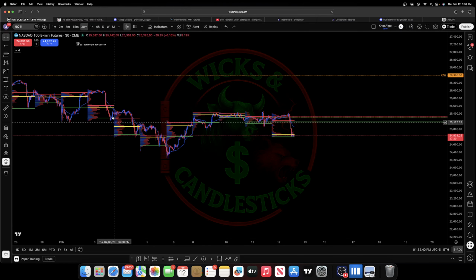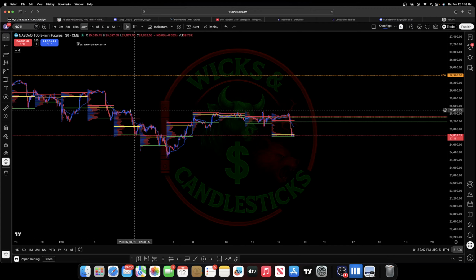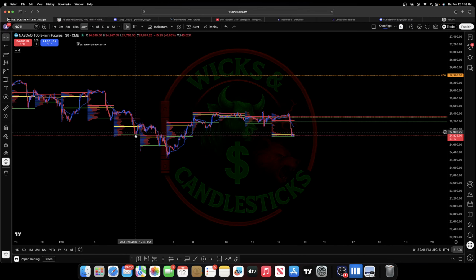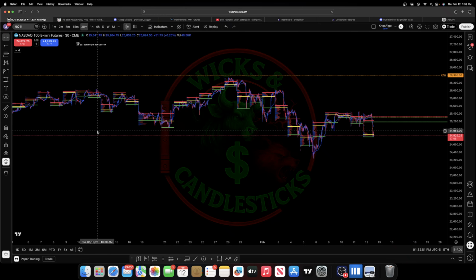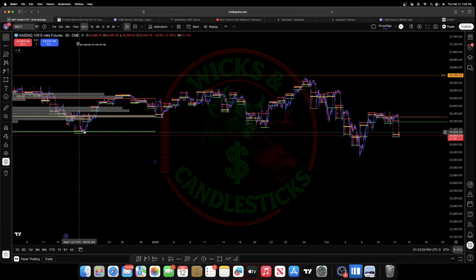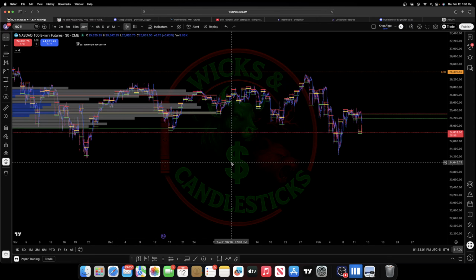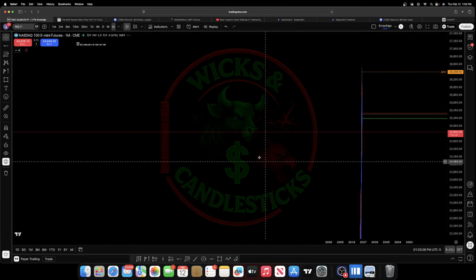Balanced market here, imbalance, created a balanced market, and it left the balanced market and went imbalance. Now, if we go straight to the left over here, we will find a balanced market. That's what it found, another balanced market. Auction market theory is a system of balances and imbalances. So let's go back to the monthly time frame.